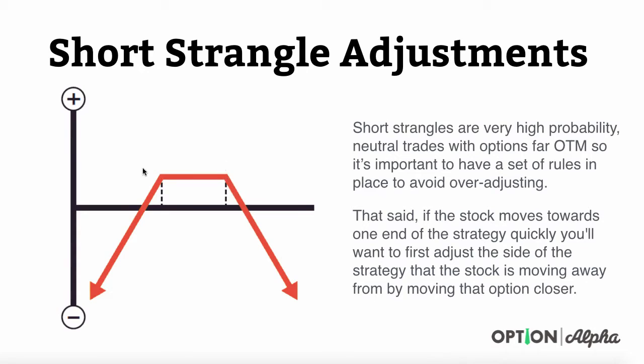If the stock is in between our strikes as we enter this trade, or fairly neutral, and the stock starts sliding one direction or another, what we're first going to do to make an adjustment is take one side of the trade, in this case the put side, and roll that side closer to the money. Basically we're going to slide this side over, and it's going to make this profit loss diagram much taller and much wider, and so that's going to help even out our break-even points.